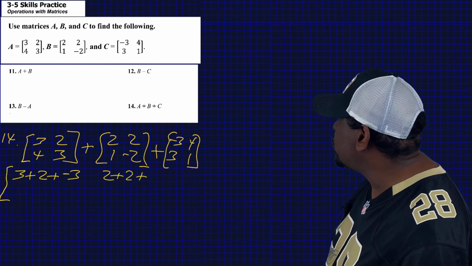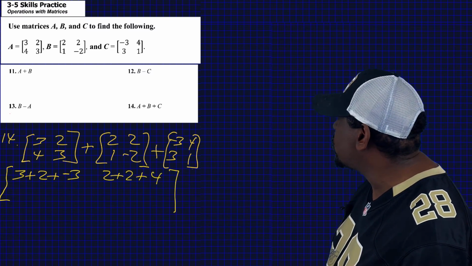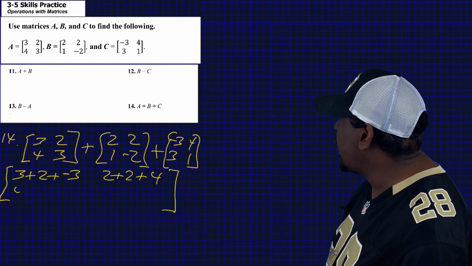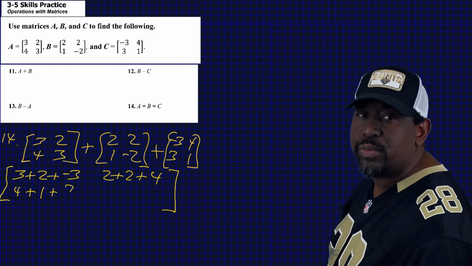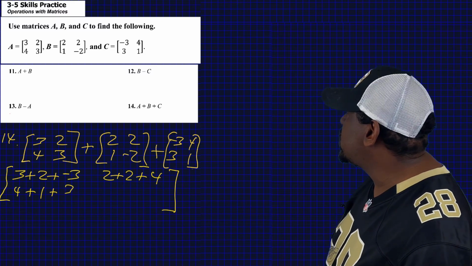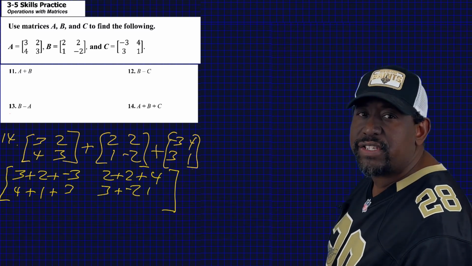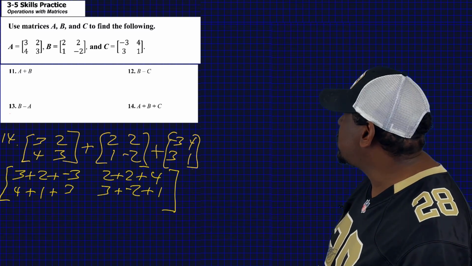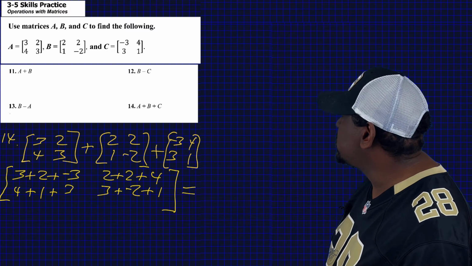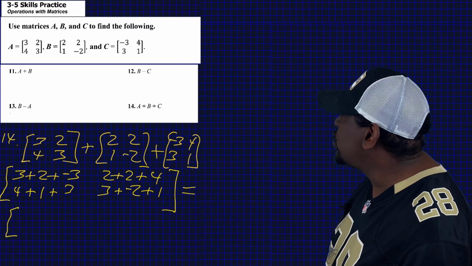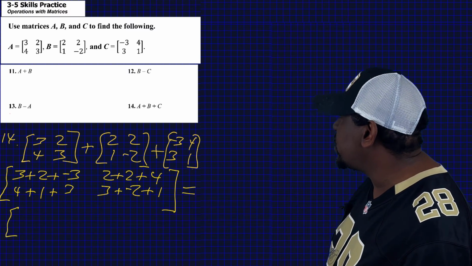So in the next entry, you have 2 plus 2 plus 4. And then in the second row, your first calculation will be 4 plus 1 plus 3. And then the last calculation will be 3 plus negative 2 plus 1. So once we add all those together, we will have our final answer.